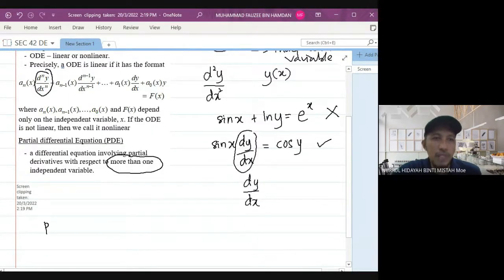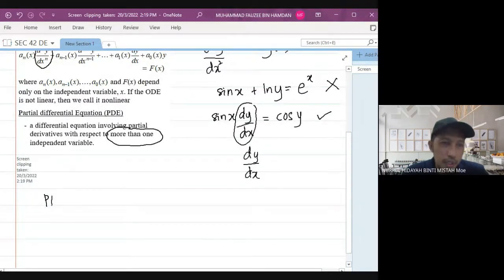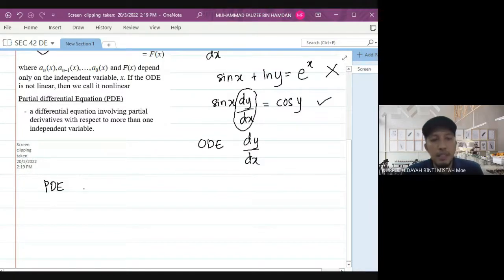But a partial differential equation, PDE, involves more than one independent variable, and the symbol is also different. For ODE we use the symbol dy over dx, but for PDE we use the symbol del.